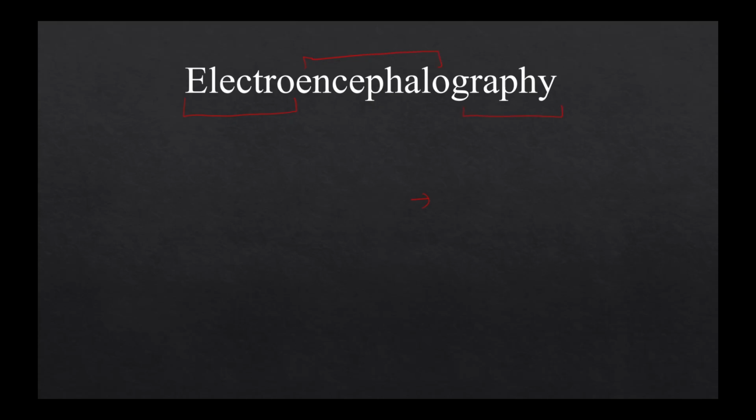What does it mean? Electro represents the electrical activity of neurons, all those activities originating from the neurons. Encephalo means head.